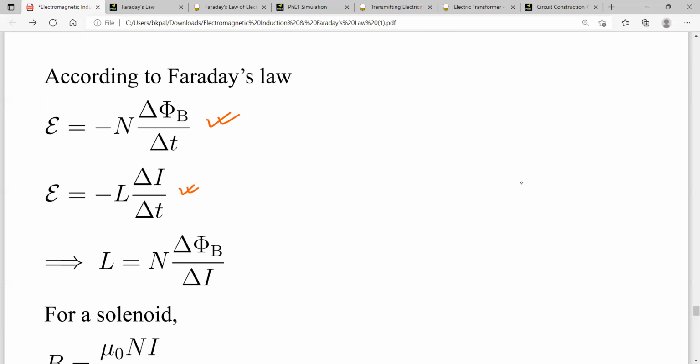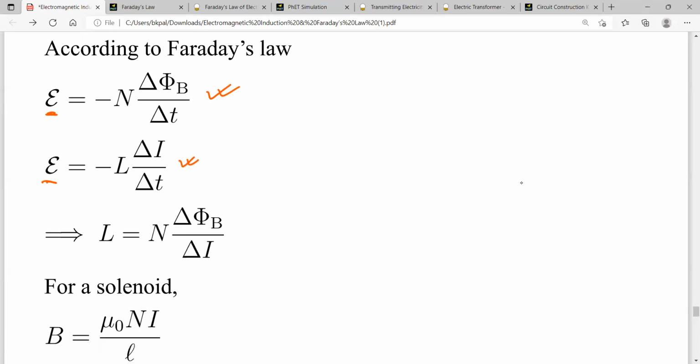Now, you can equate these because the induced EMF is the same. So if you equate these two equations, you get an expression for the self-inductance in a solenoid, and that is L equal to N phi B over delta I.